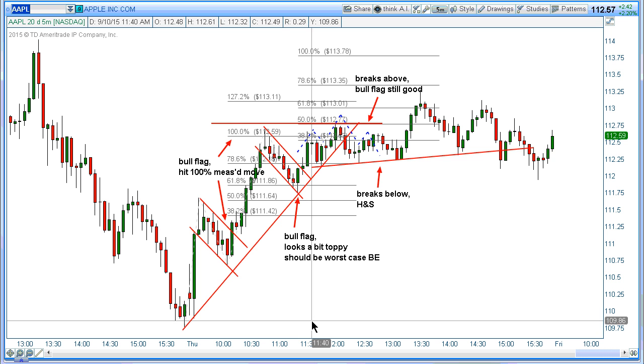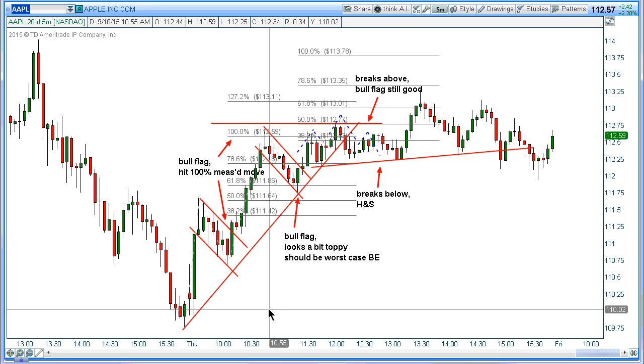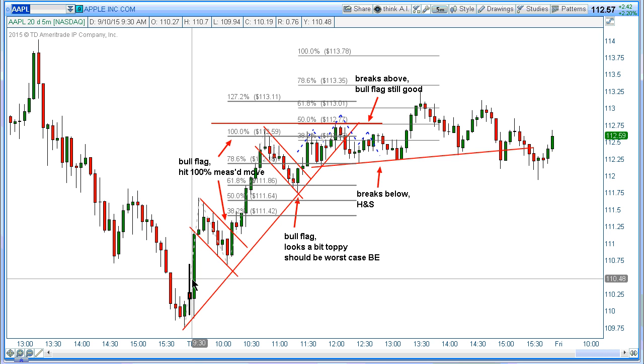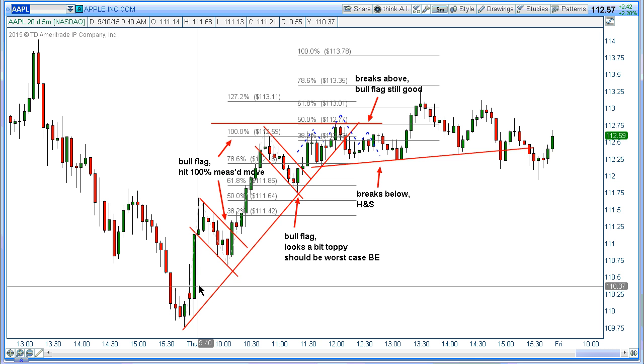Okay, so let's take a look at the Apple here. It's just a 5-minute intraday chart. You can see that Apple opened with a bit of a spinning top, an indecision type of candle in the first 5 minutes, and then it ran up. You don't want to chase this.